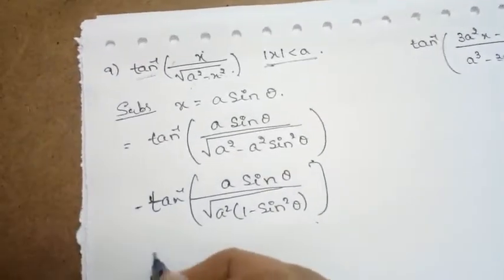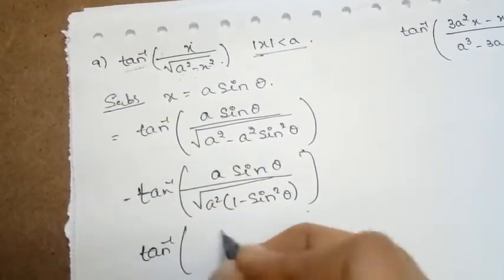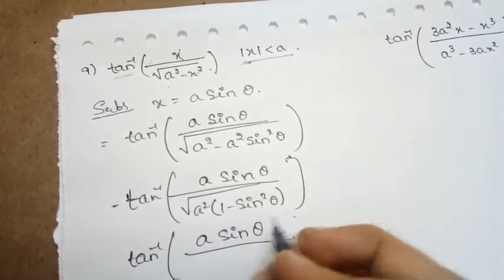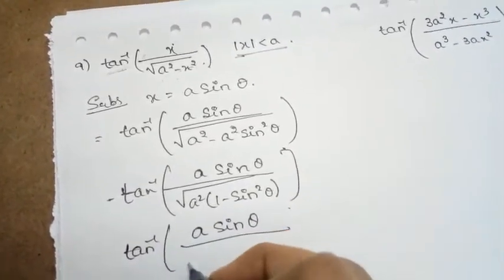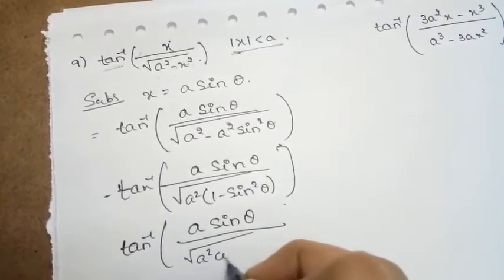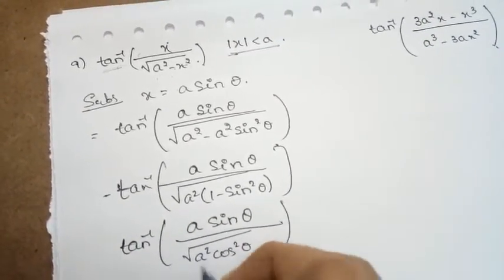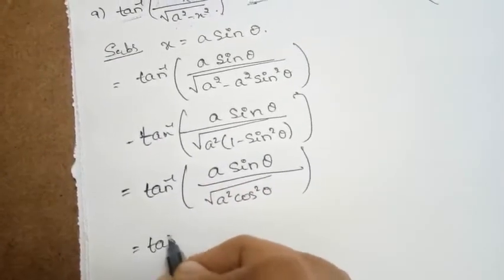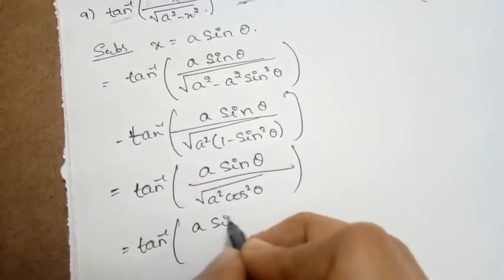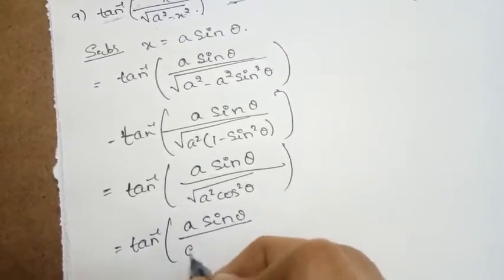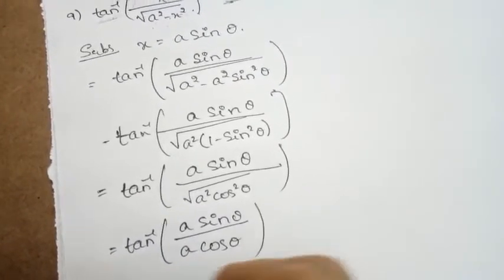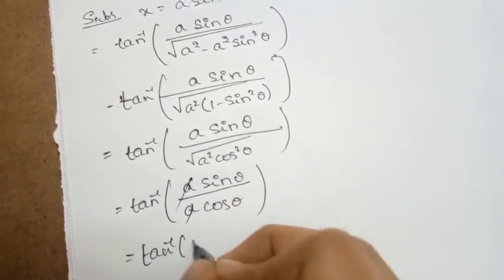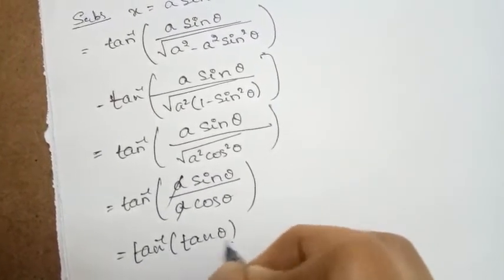So 1 minus sin square theta is clearly cos square theta. So square root of a square cos square theta is nothing but a cos theta. So that is tan inverse of a sin theta divided by a cos theta. The a cancels. So tan inverse of tan theta, because sin by cos is tan.